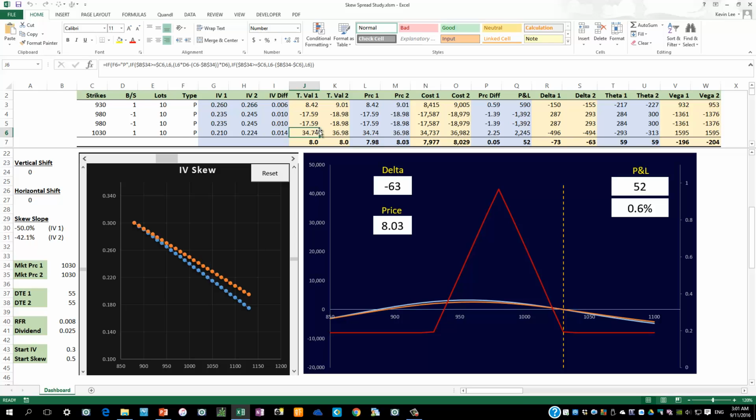Therefore, this is the dominant leg. In a normal situation, when IV goes up, you would expect the butterfly price to fall. But in this case, because this is the dominant leg, you end up with a higher price and higher P&L, although the Vega is negative.